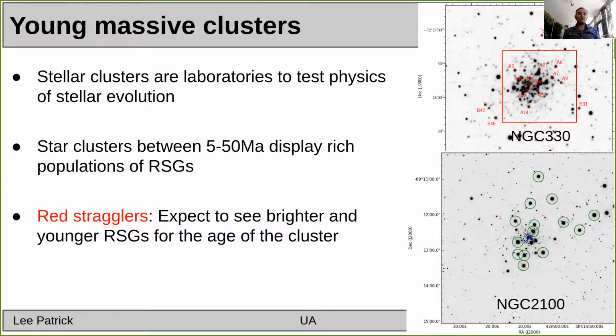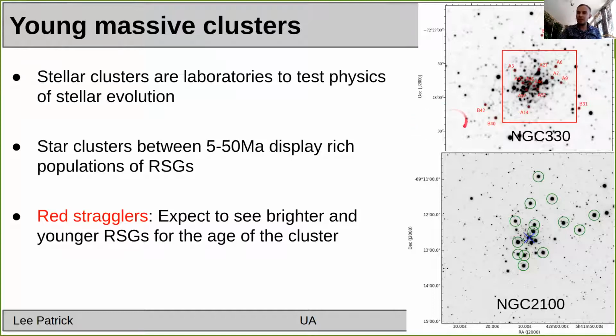Now, young massive clusters are the absolute ideal environments to test this kind of stellar evolution physics, and that's because these clusters can essentially be thought of as being at a fixed age. Between an age range of around 5 to 50 million years, young massive clusters display rich populations of red supergiant stars.